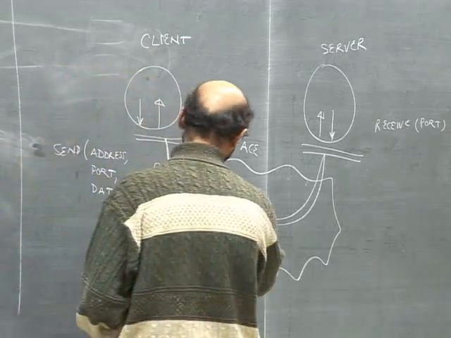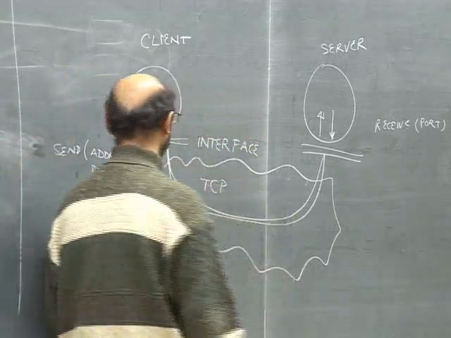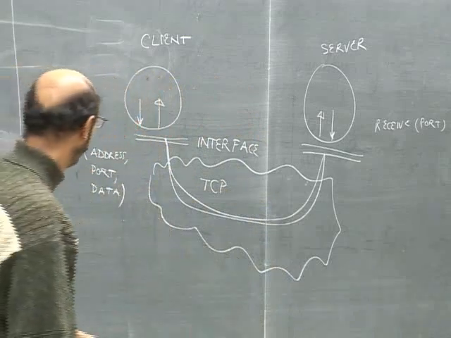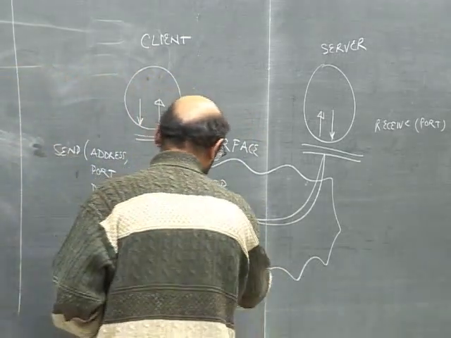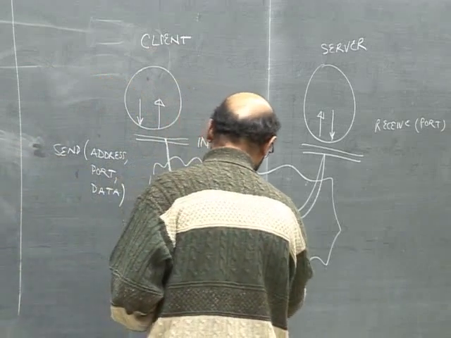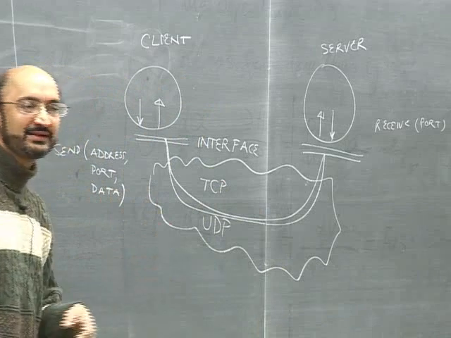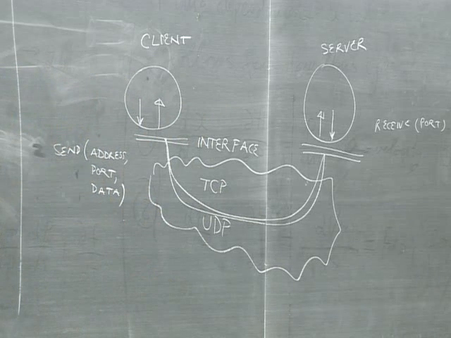One of them is called transmission control protocol, TCP. And the other one is called UDP, user datagram protocol. TCP says, I want to establish this connection from here to here.